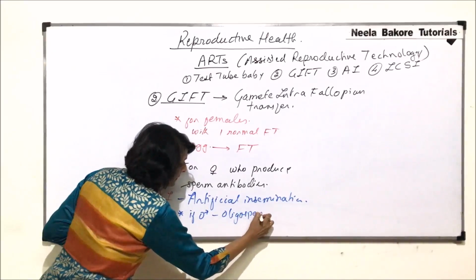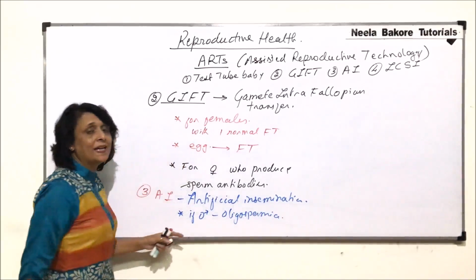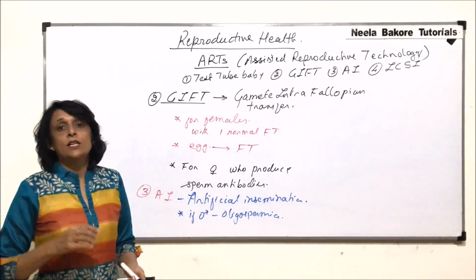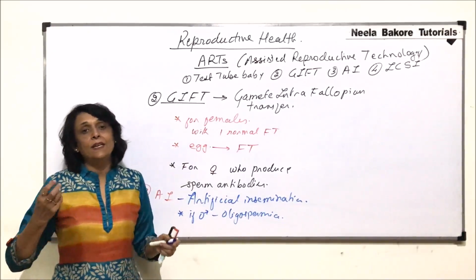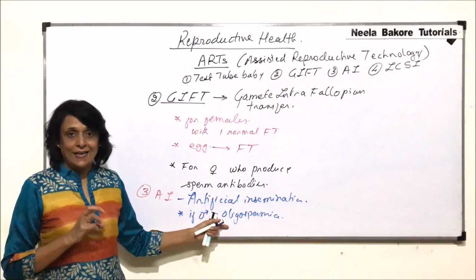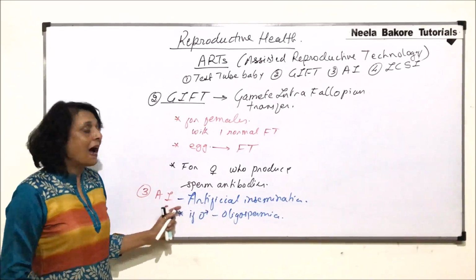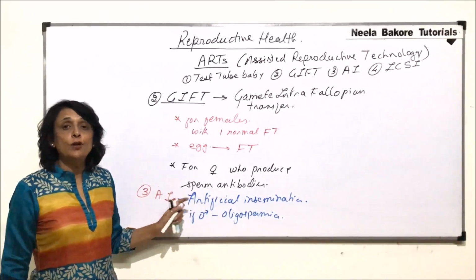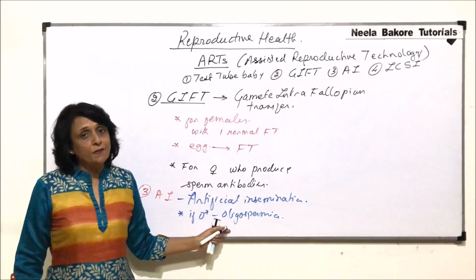Now what happens if the male has oligospermia? The sperm count in every ejaculate is less. So this ejaculate is collected and then it is artificially put into the vagina of the female.